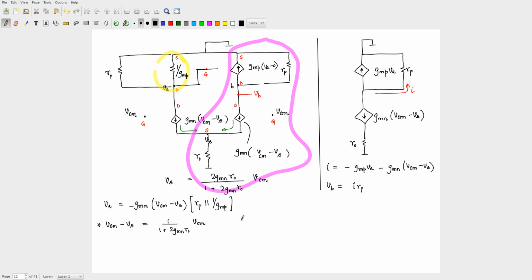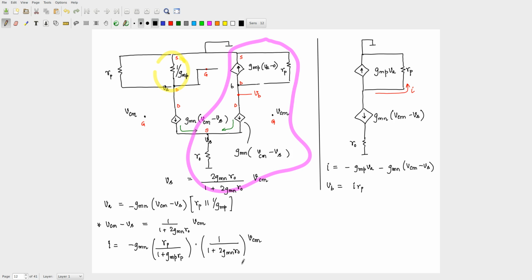And which means that your I itself would be minus Gmn into Rp by 1 plus Gmp Rp, that is Rp parallel 1 by Gmp, into 1 by 1 plus 2 Gmn R0 into Vcm.